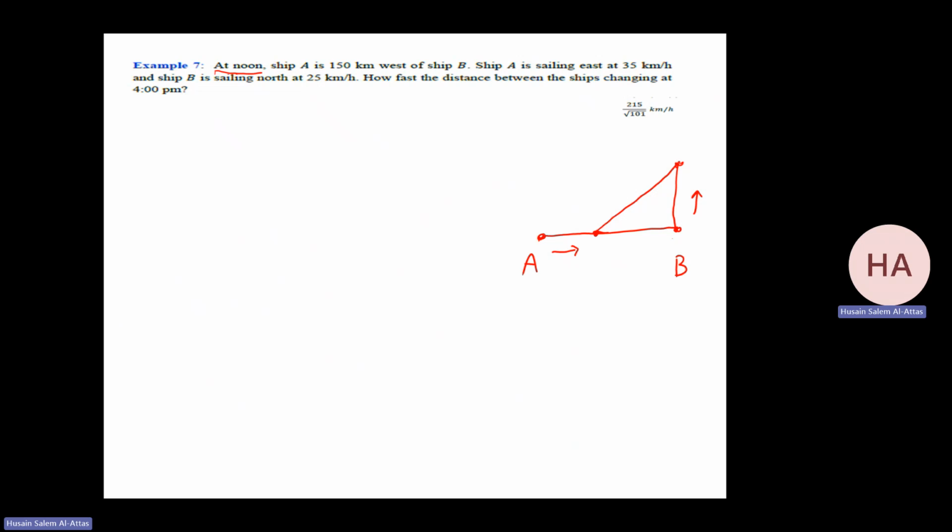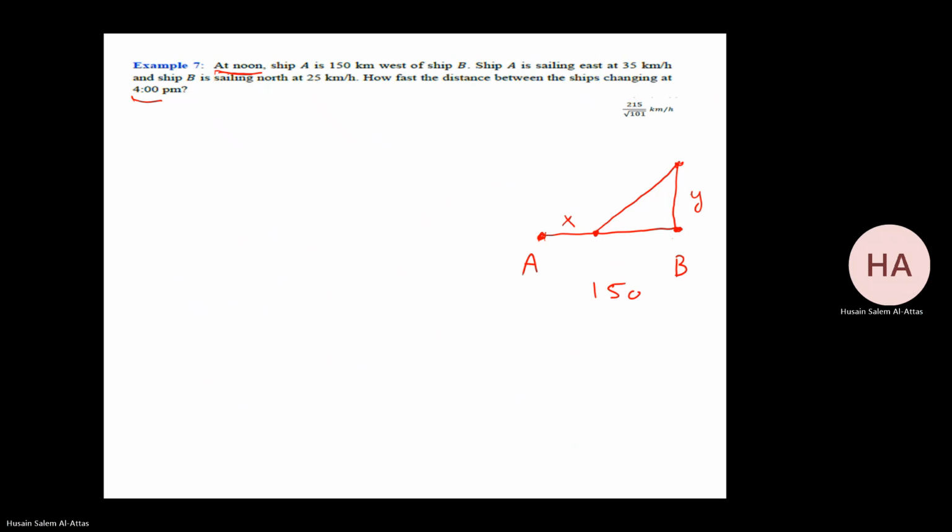How fast is the distance between the ships changing at 4 p.m., which means after 4 hours. So assume this we call X, going in this direction. And this we call Y. And the distance between the ships when they started was 150 kilometers.